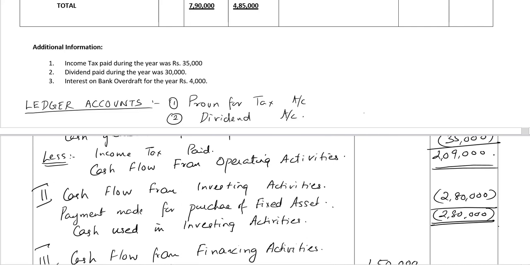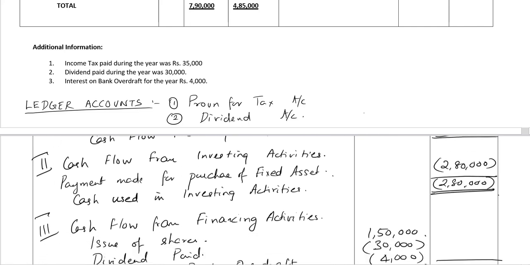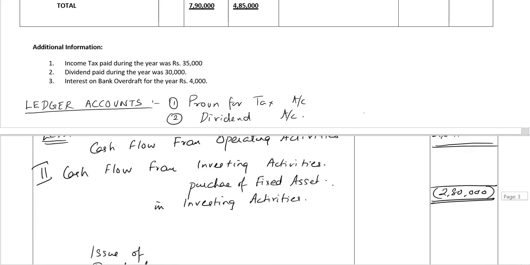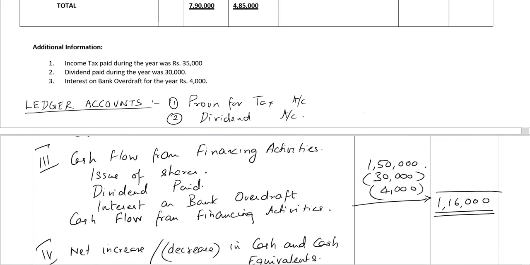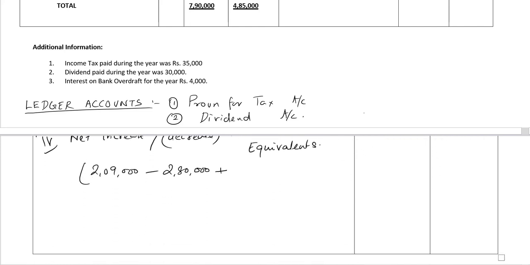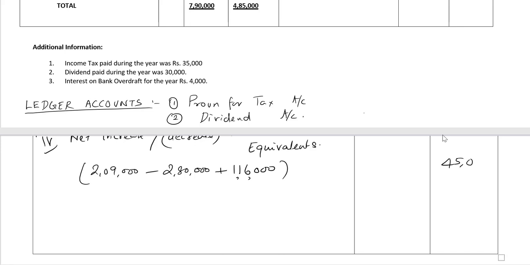Cash used in investing activities minus 2,80,000 rupees. And the cash flow from financing activities is plus 1,16,000 rupees. So the net increase is 45,000 rupees.